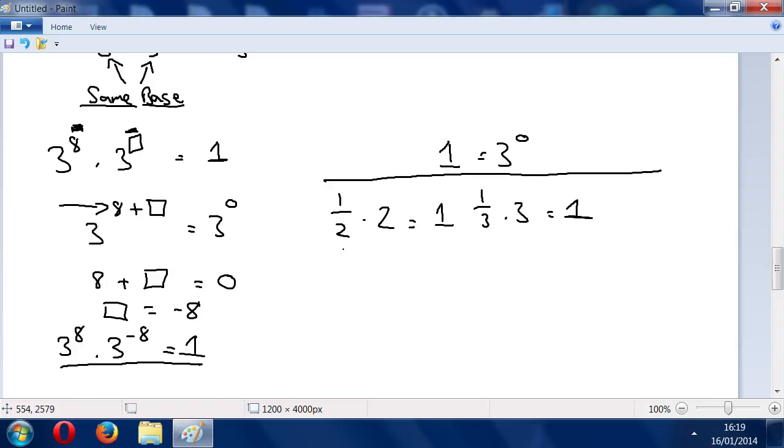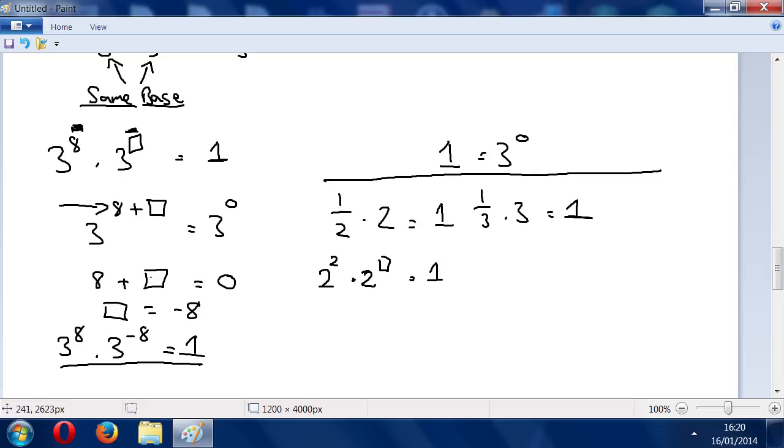So let me do a simpler version just to get it clear. Let's just do 2 squared. Let's see how we can get from 2 squared to 1. So we're going to do 2 squared times 2 to some power, and we want it to equal 1.